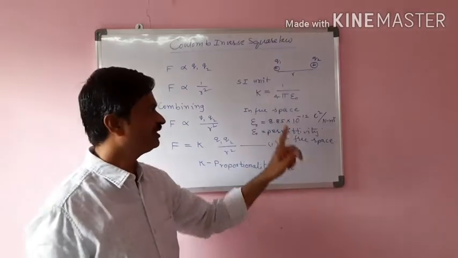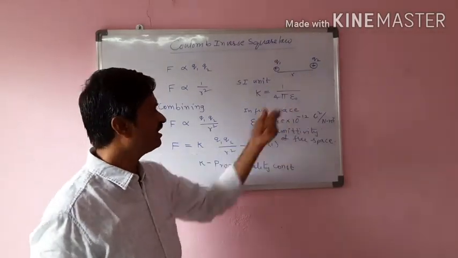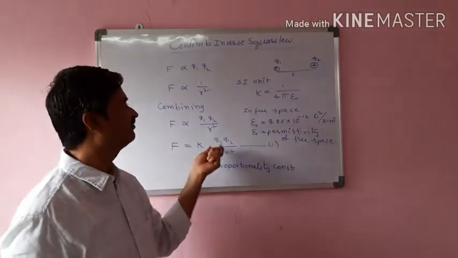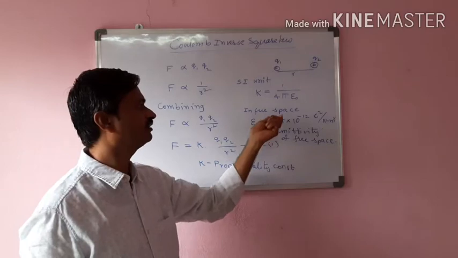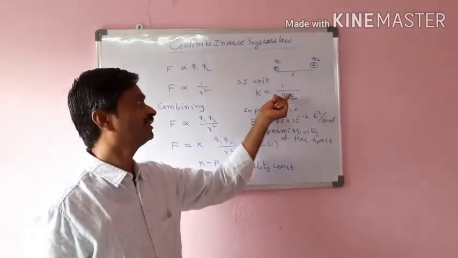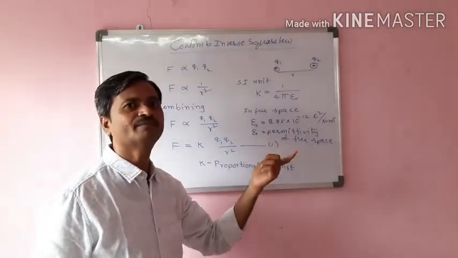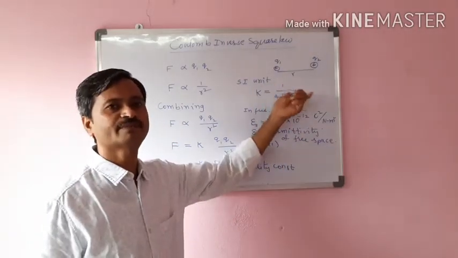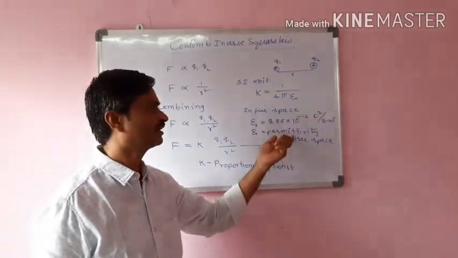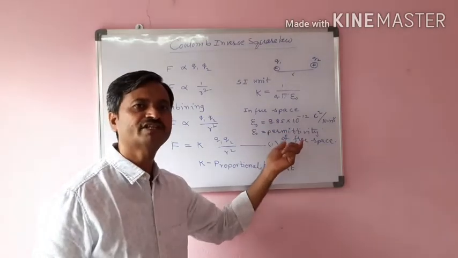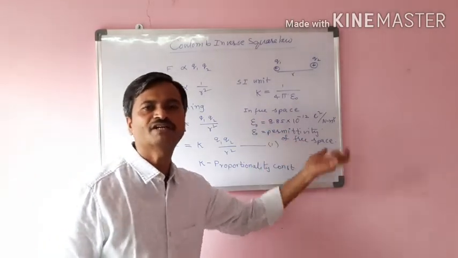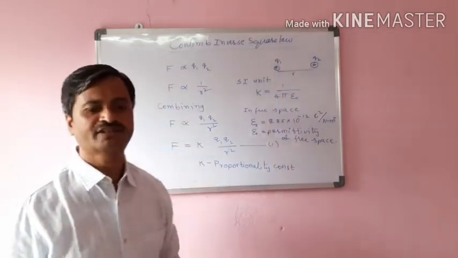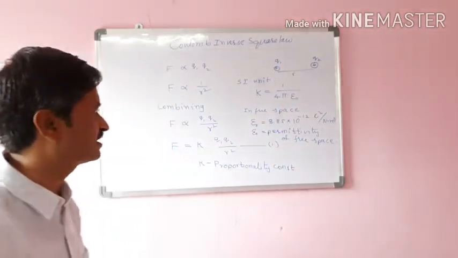If the medium is free space, the force has this much value with the constant epsilon naught, and that property of the medium is called the permittivity of that medium. Here free space is the medium, and it is the property of free space called permittivity of free space for the electric force of attraction. This is what we can understand from this.